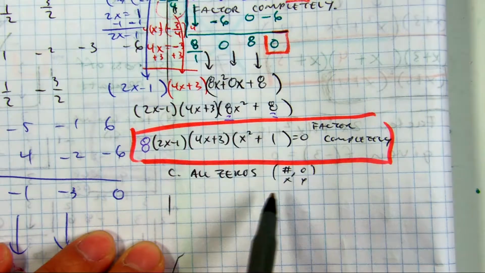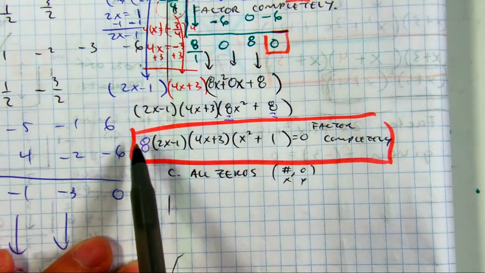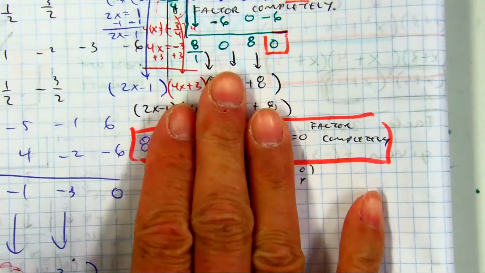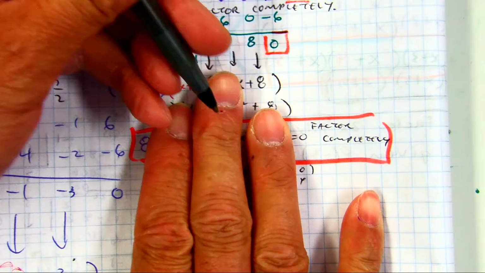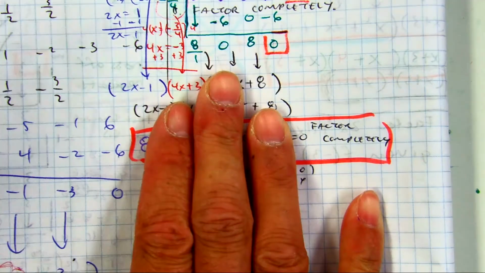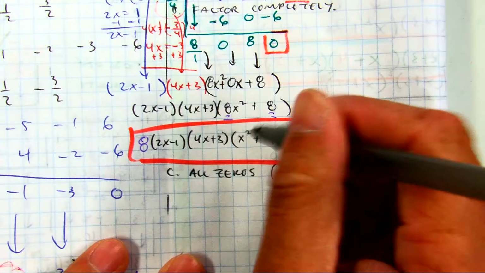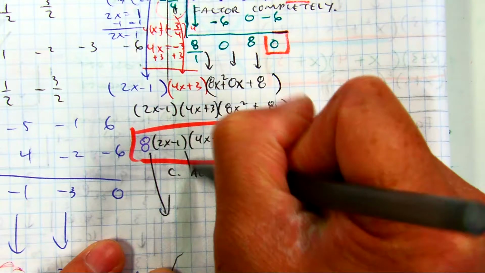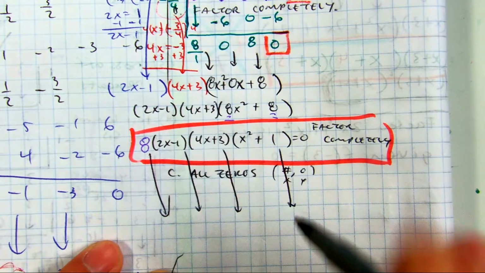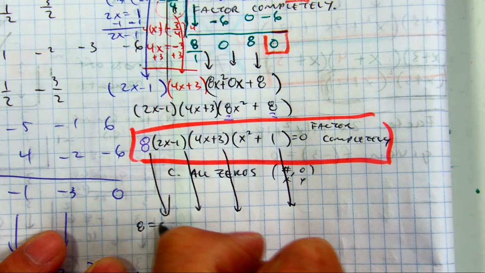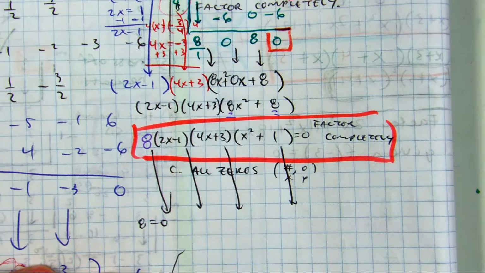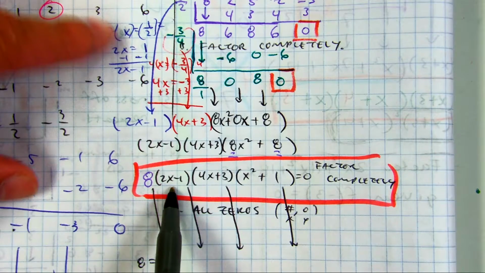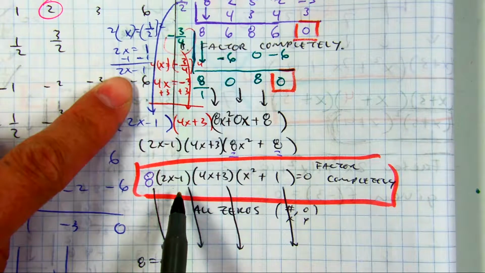Why do you do that? Well, if I cover this up, 8 times something, or this factor, or this factor, one of those has to be equal to 0. So we're going to set them all equal to 0. This is kind of weird. We already did the math for 2x minus 1. It's just going backwards, yes? So it's just x equals 1/2.